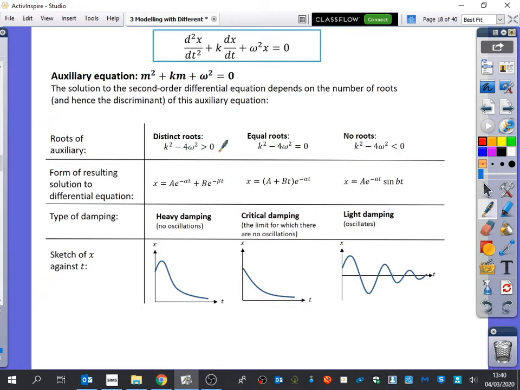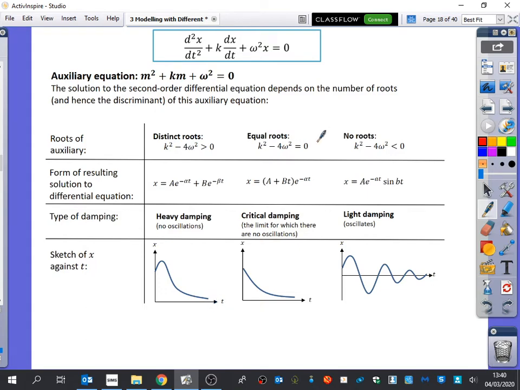If that is greater than 0, we know that there will be 2 roots. The 2 roots would be alpha and beta, so the general solution would be this kind of thing that we've got here. And this corresponds to something which is called heavy damping, where there are no oscillations at all.